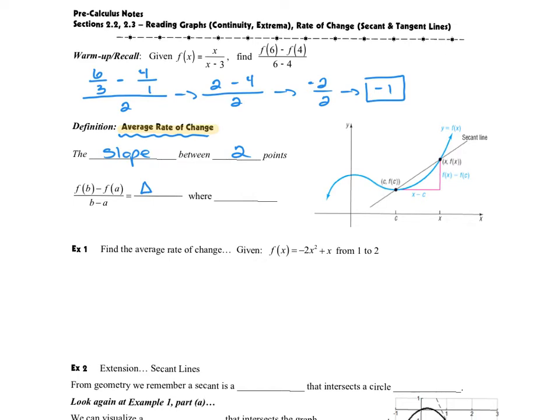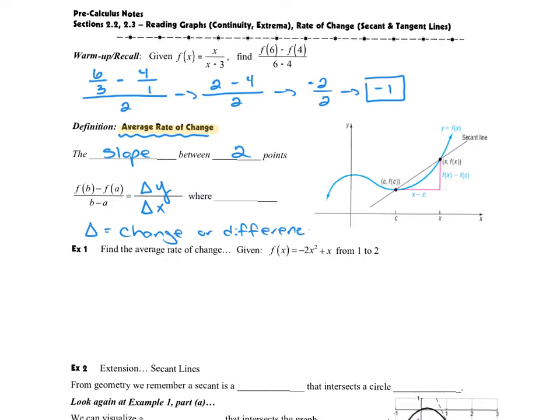So we can read this numerator as the change in y, and then our denominator, b minus a, those would be our x values. So we can think of this as the change in x. You might want to write yourself a little note here that the triangle means change, or difference.